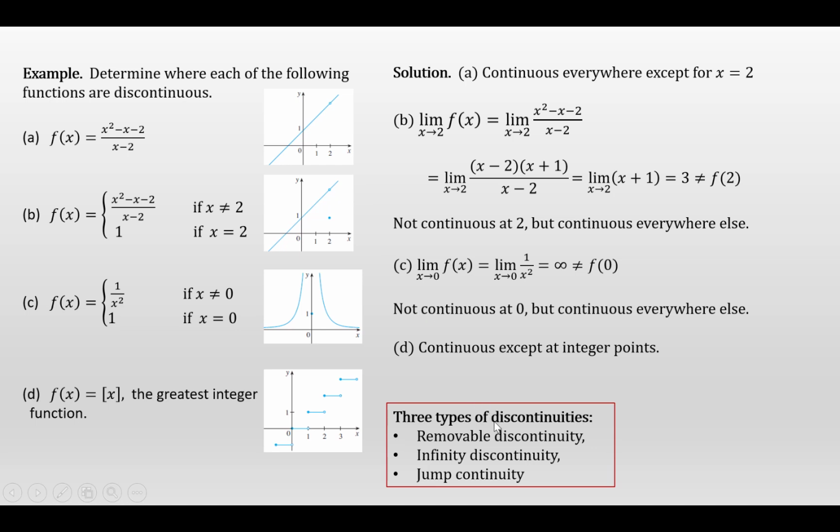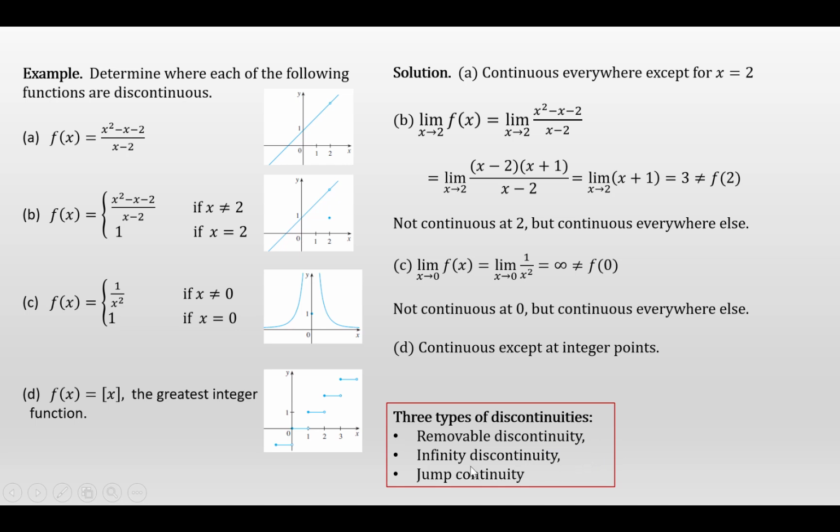So they are a kind of mild discontinuity. One can remove the discontinuity by redefining f(a) to be equal to the limit. Like in this case here, you simply need to define f(2) to be equal to 3. Then it becomes continuous. So those are called removable discontinuities.